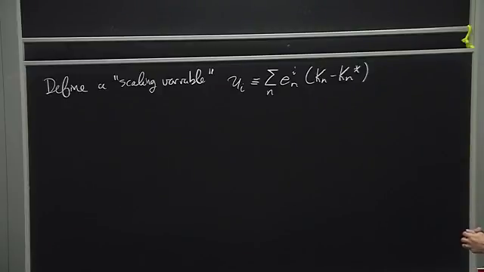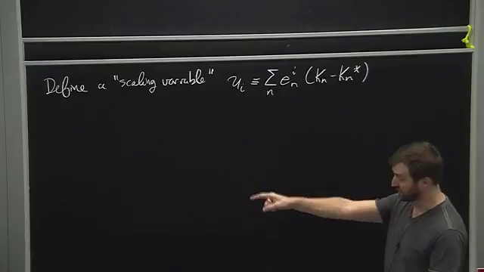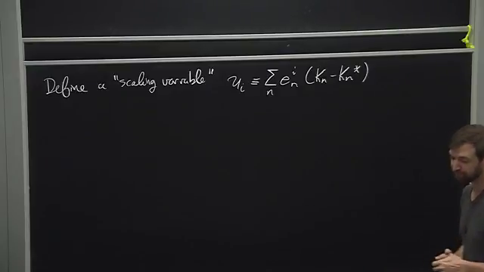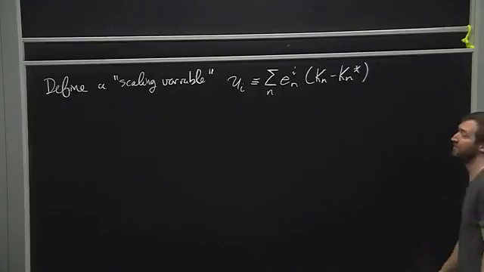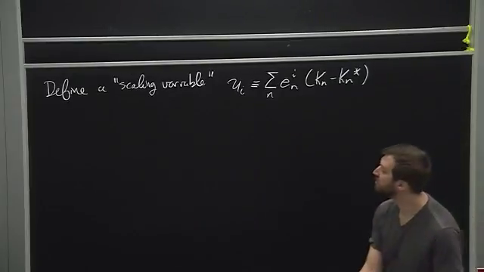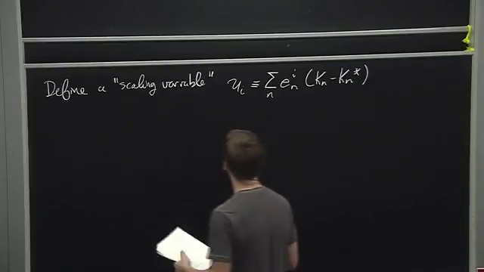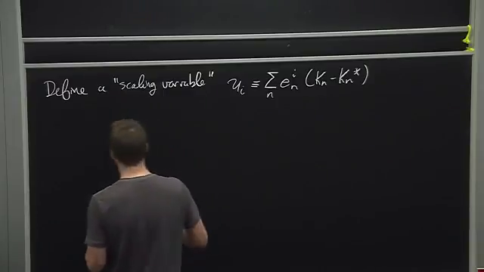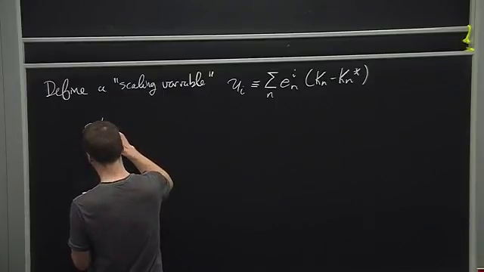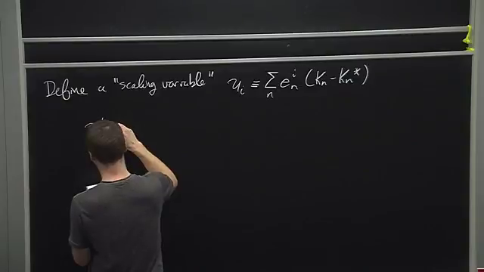Okay, then what we can do is relate the scaling variables, using the eigenequation over there, to the scaling dimension of the various K. So let me perform one RG step.